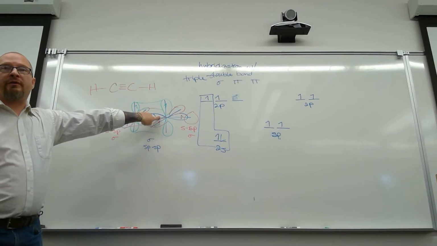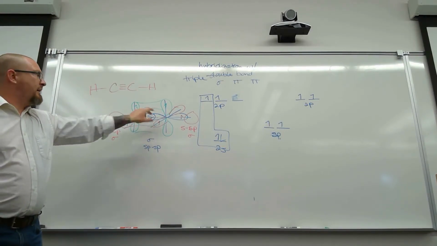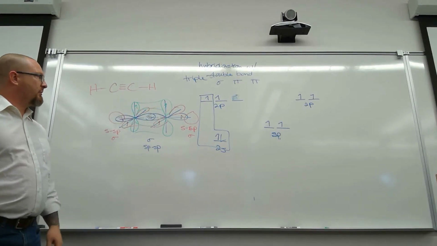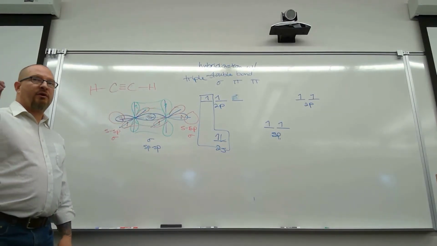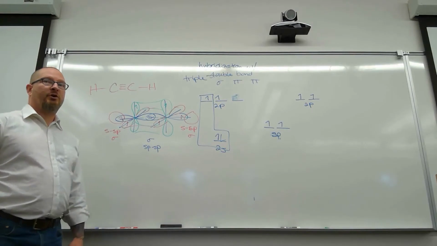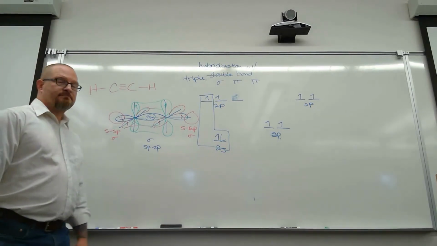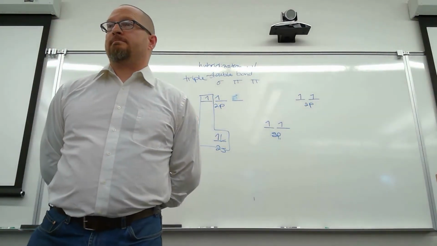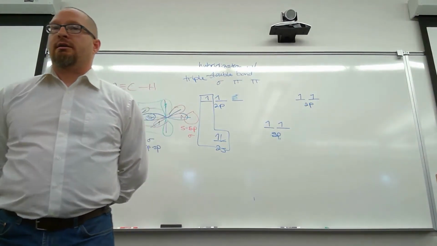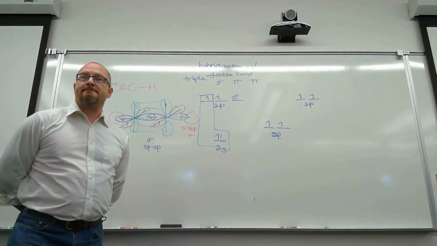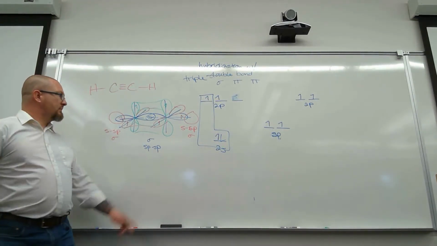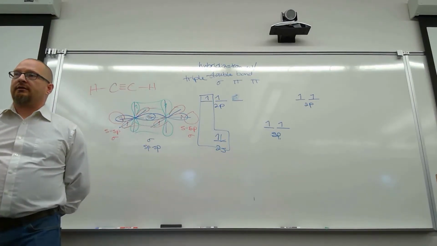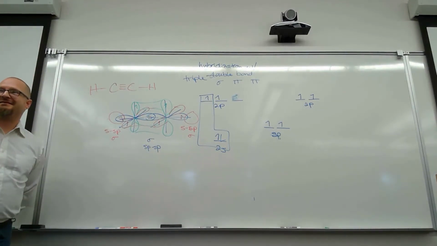So the sigma is always the one that is shared directly between the nuclei, and anything happening around that sigma bond is going to be your pi bond, and it's also going to be the one that involves the non-hybridized p orbitals, always. So pi bonds are always p to p. And which one is the sp? The sigma bond, the first one that forms linearly between the nuclei. The blue one.